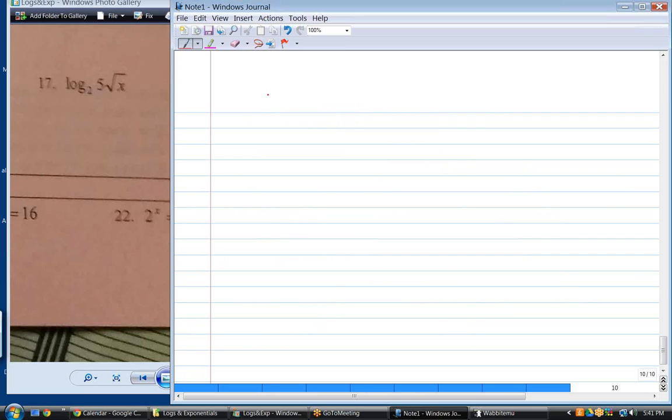And this, so as a first step, let's get rid of the radical sign. That's always a good thing to get rid of whenever you're dealing with logs. So how would I write that? Instead of square root of x, x to what? To the 1/2.